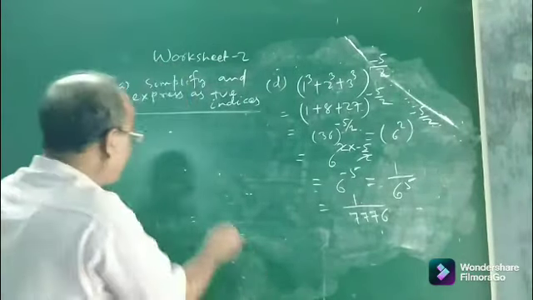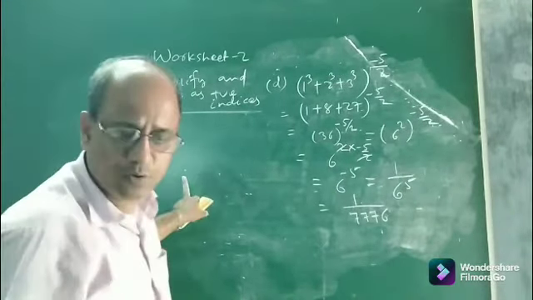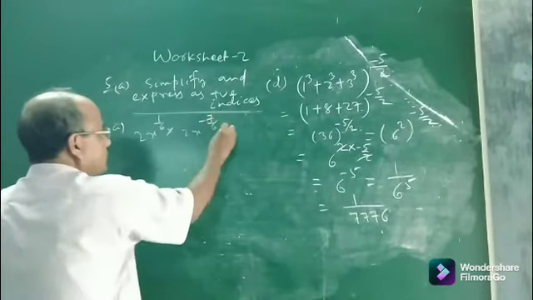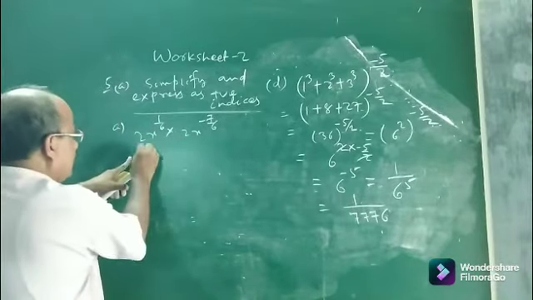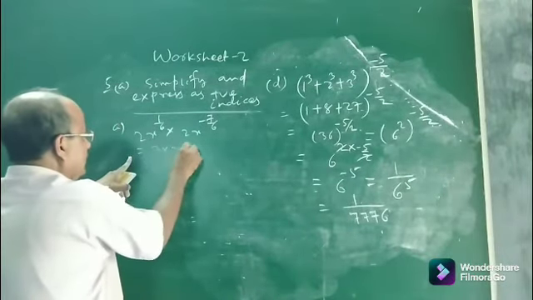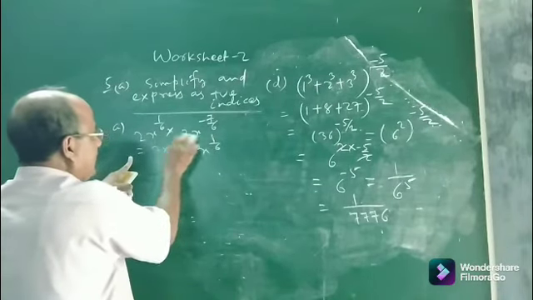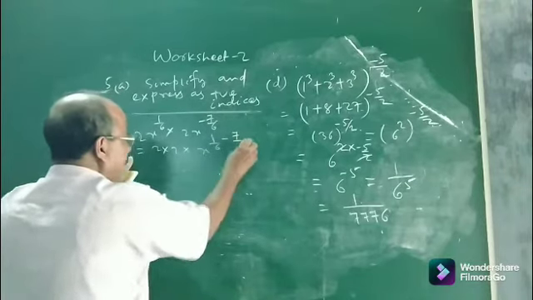So 2x to the power 1 by 6 into 2x to the power minus 7 by 6. So what to do? First you multiply 2 and 2. These are the coefficients. So 2 into 2 is 4, into x to the power 1 by 6. Look, these two terms are multiplied. They are same base. So the powers will be added: 1 by 6 plus minus 7 by 6.